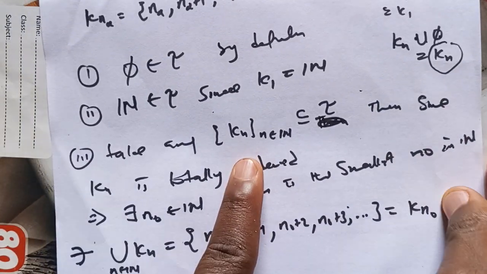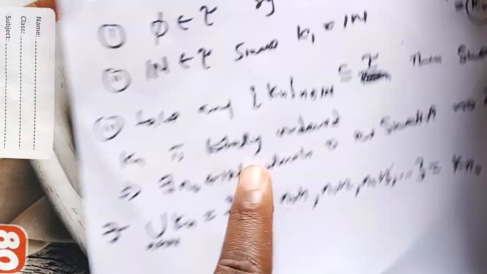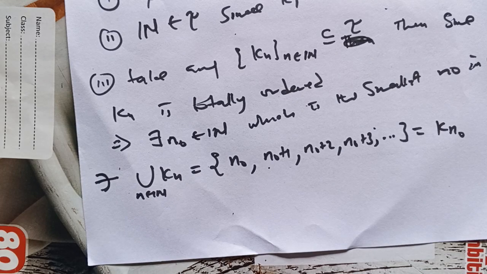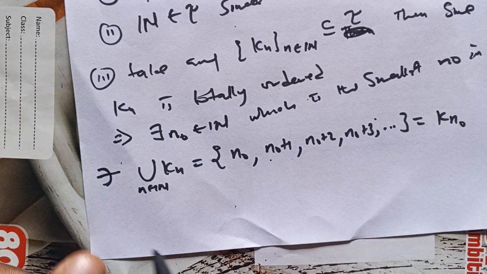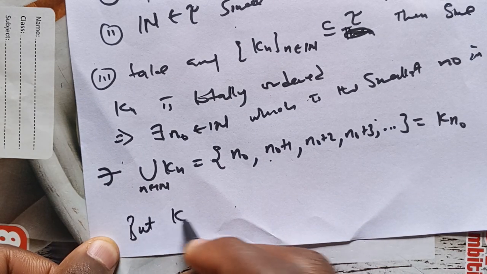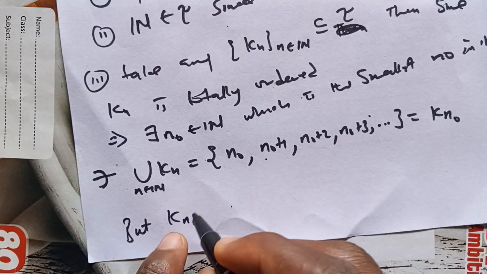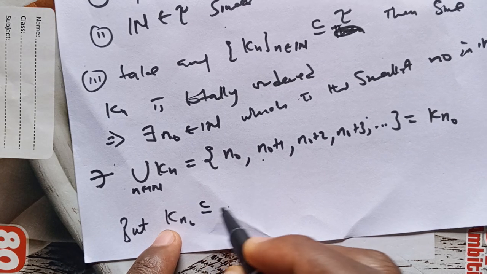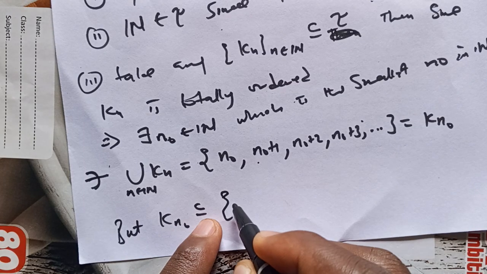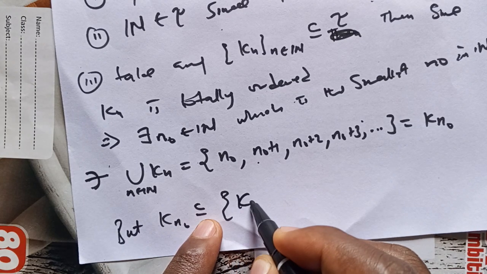Now, but K n naught is a subset of what?